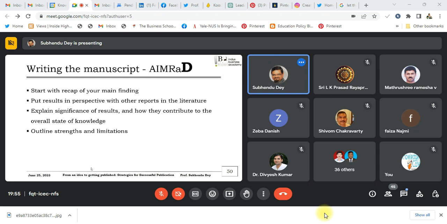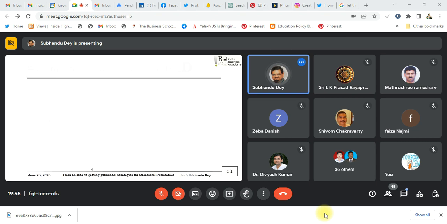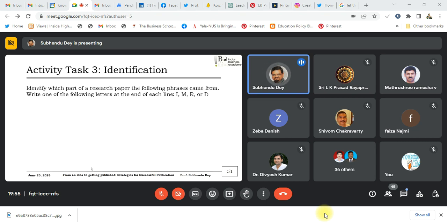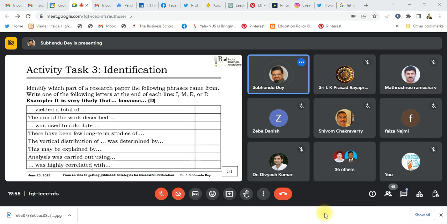Okay. Now that we are over with the MRAD, let's look at a small activity. I'm putting up something for you here. It says identify which part of a research paper the following phrases came from or could come from.